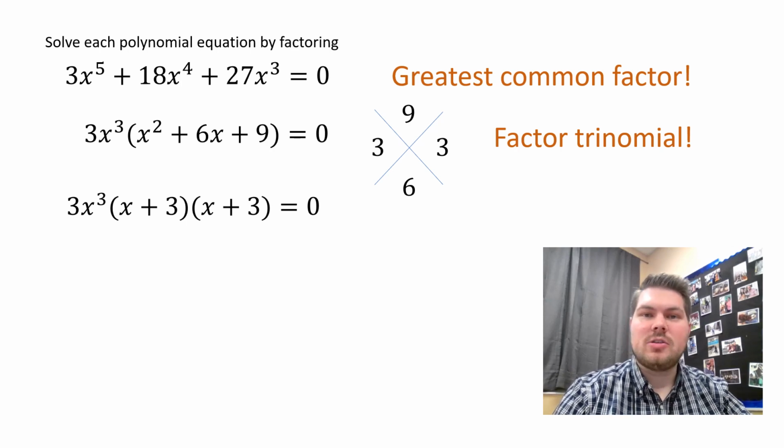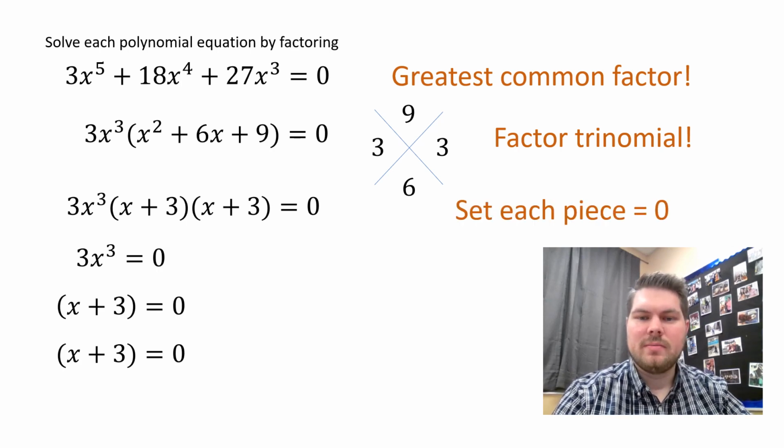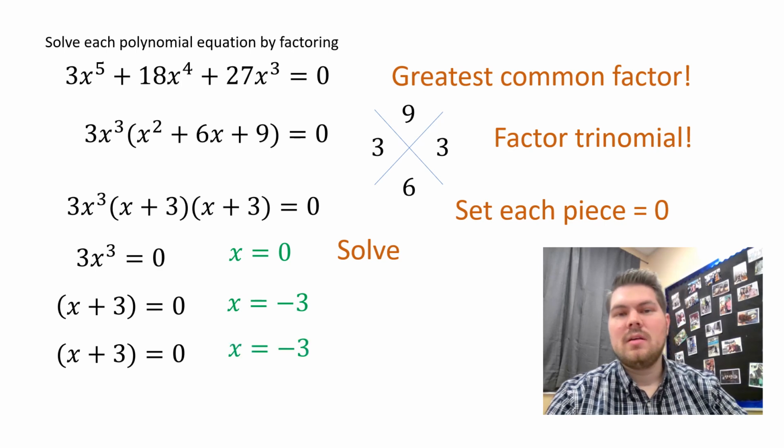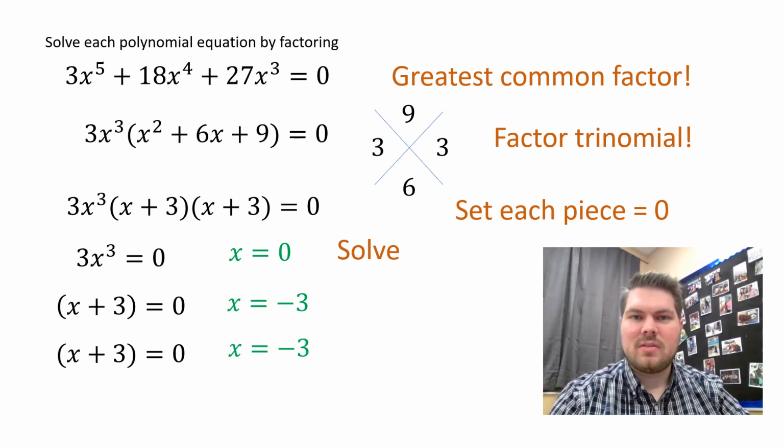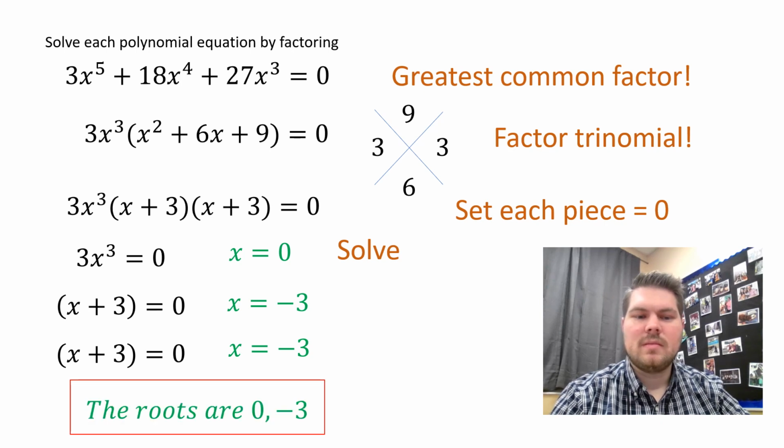But we'll set each piece equal to 0. Now, you'll notice to solve the first one, all you have to do is plug in 0. And then to solve the next two, it's going to be -3. So our solutions are 0 and -3. And these are often sometimes called the roots.